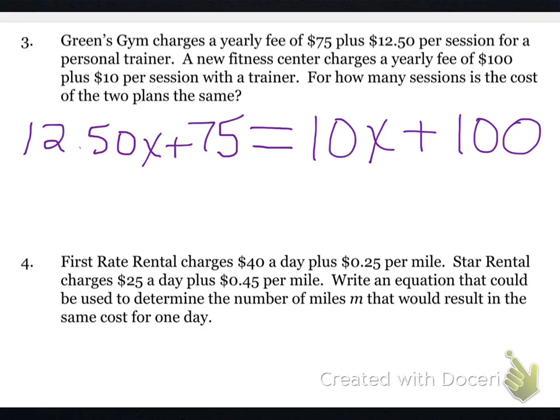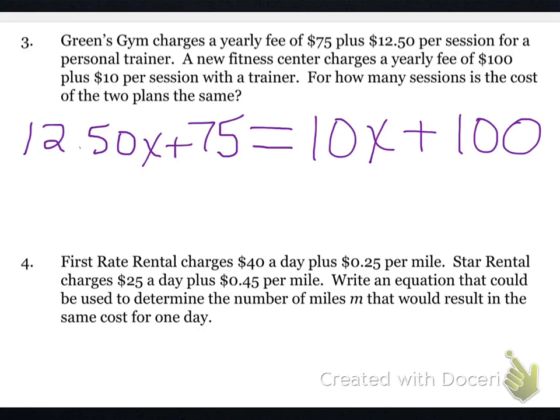So this is an equation that has variables on both sides of the equal sign, and if I were to solve for x, that would give me the number of sessions that it would make these two expressions equal to each other. Once again, we're going to talk more about solving these later on in the project. Right now, we're just writing them.